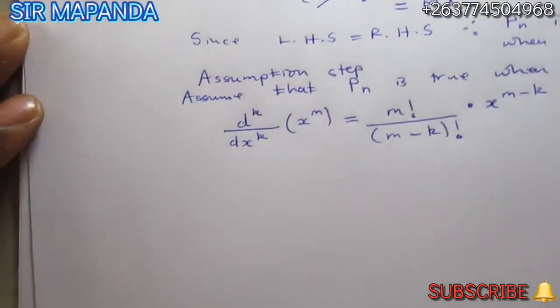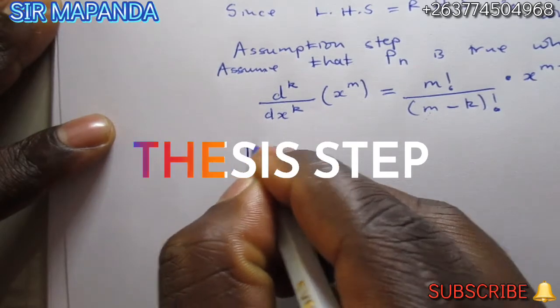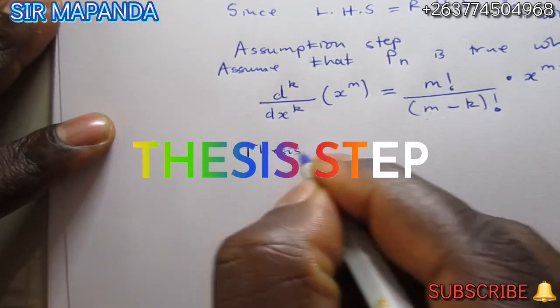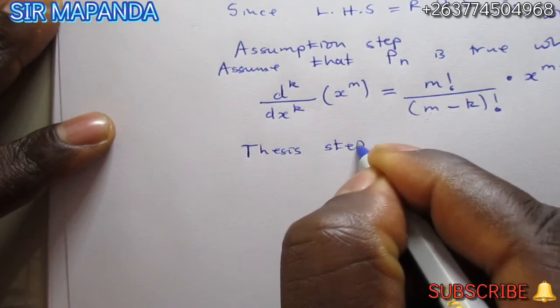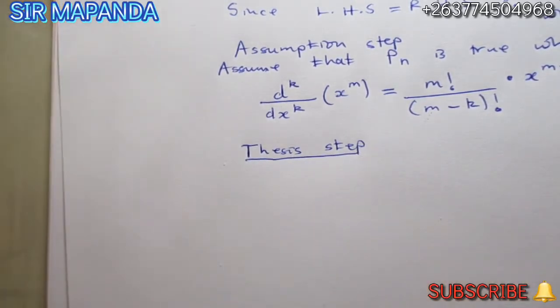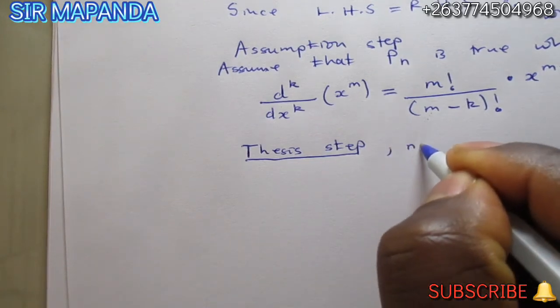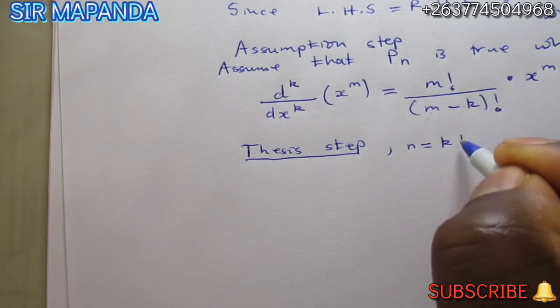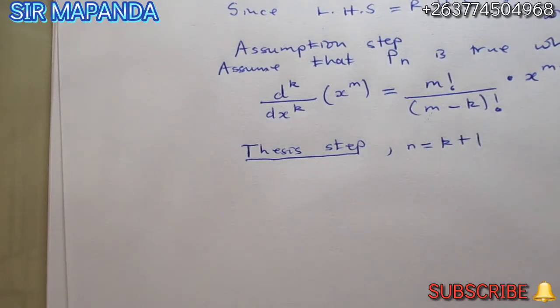From the assumption stage, we move to the thesis step. The thesis step is going to create what we call a goal. And that goal is the one that we need to prove when we do the inductive step. So on the thesis step, we want to put n is equal to k plus 1 on the left side and on the right side.